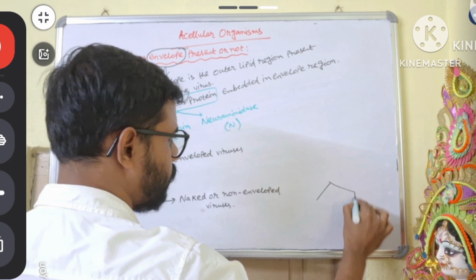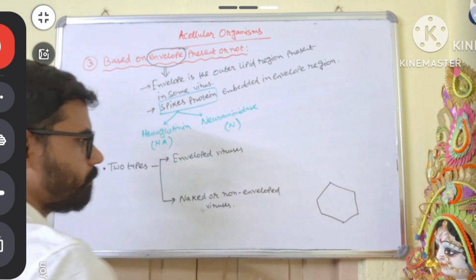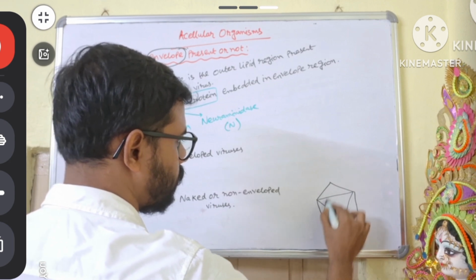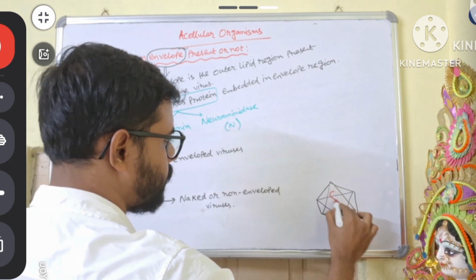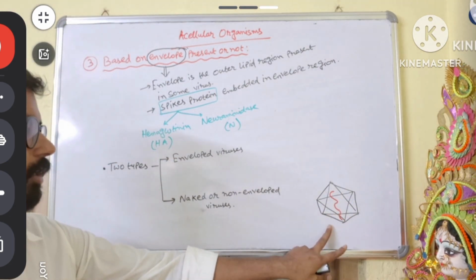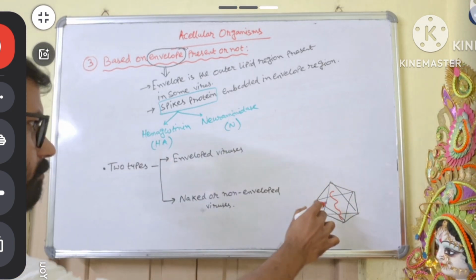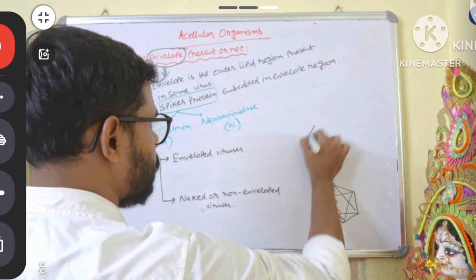Normally, a non-envelope virus has icosahedral symmetry, and inside there is genetic material, either DNA or RNA. That is the normal scenario of a non-envelope virus because no envelope structure is present. But when the virus contains an envelope, it looks like this.